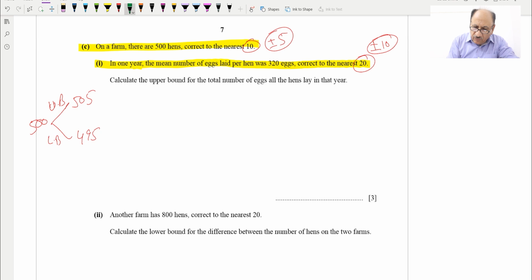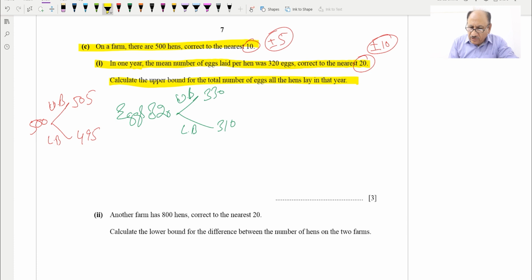So for eggs it will be 320, but it's a rounded one, so upper bound will add 10, so 330, and subtract 10 for lower bound, so it will be 310. Then they are saying calculate the upper bound for the total number of eggs all the hens lay in that year.